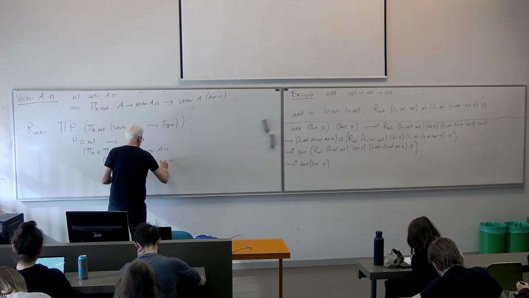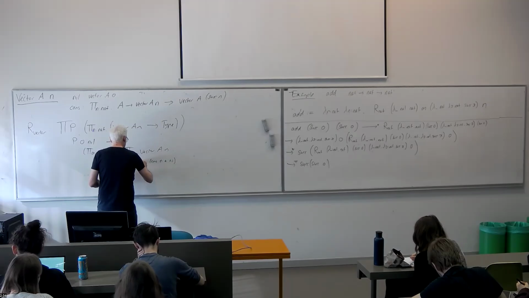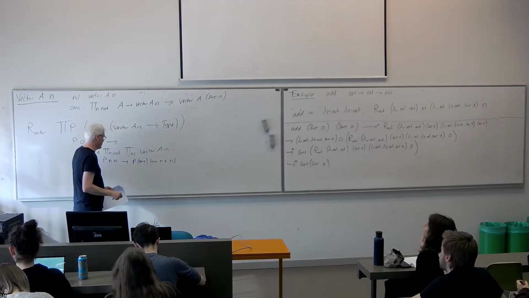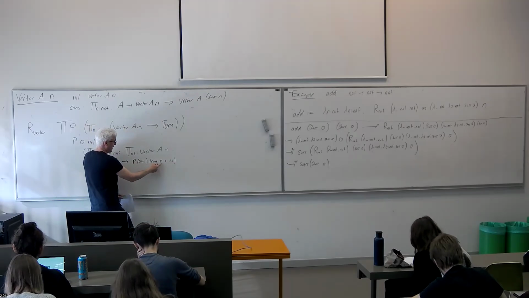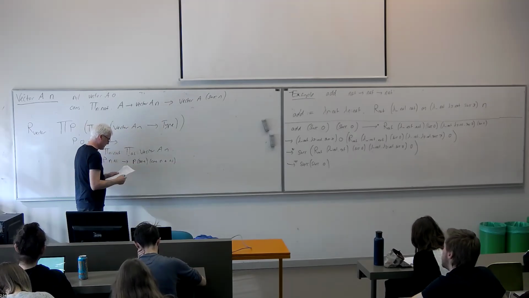The cons also needs the length as an argument to say what's going on, and the P also needs the length as an argument, which in this case is n plus 1. So we need P with the successor of n.